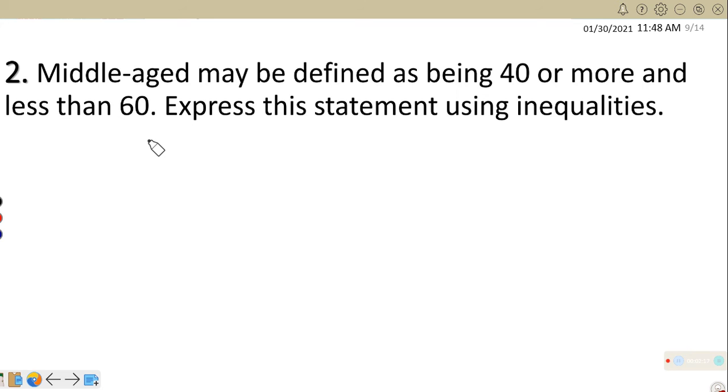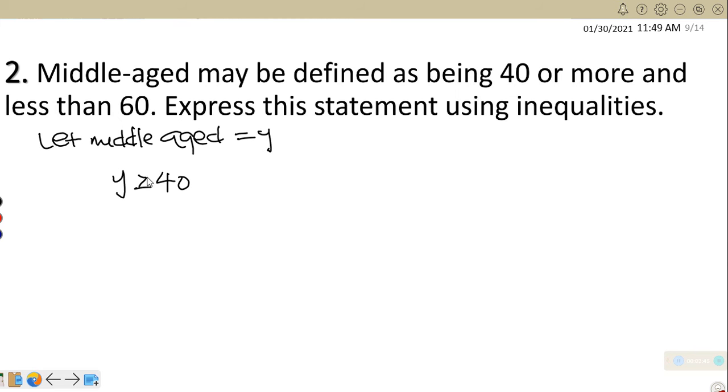Example number 2: middle-aged may be defined as being 40 or more and less than 60. Let the middle-aged person equal y. Then y may be defined as being 40 or more, that is y is greater than or equal to 40.